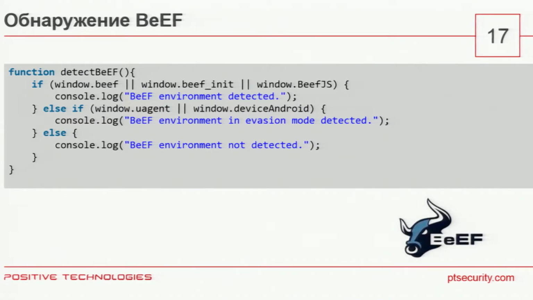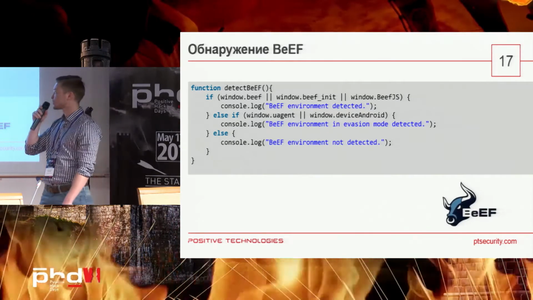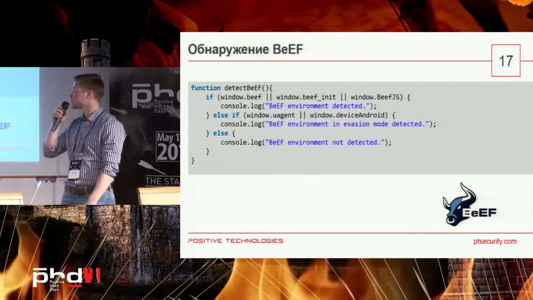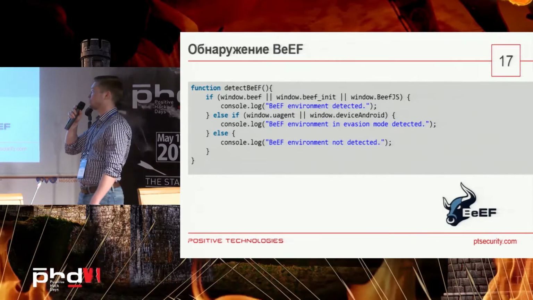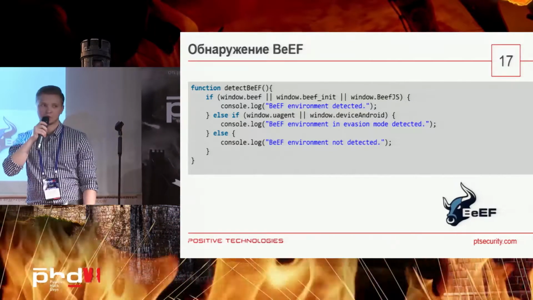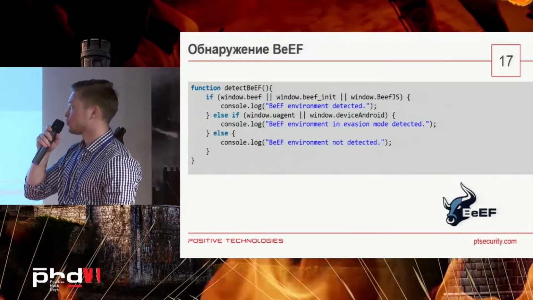Beef is a framework for XSS exploitation. We can also detect Beef cookies inserted in the user's browser. Beef supports two modes of operation. One is concealed, and the other one is open. In the latter case, it's enough to check Beef properties of the window object.